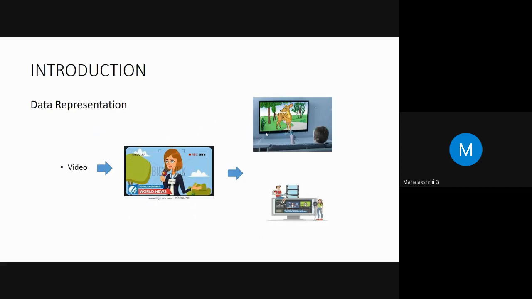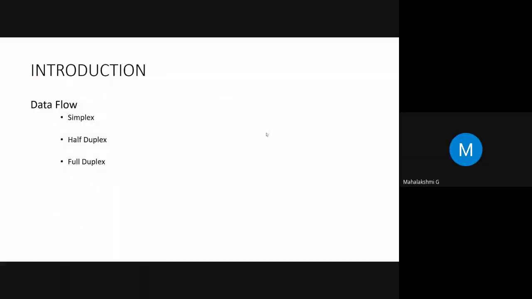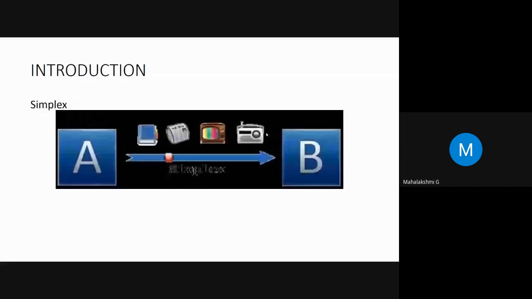Now we are going to see how the data flows in the communication part. We have simplex, half duplex or full duplex. In simplex, the communication is unidirectional, that is, one-way communication.